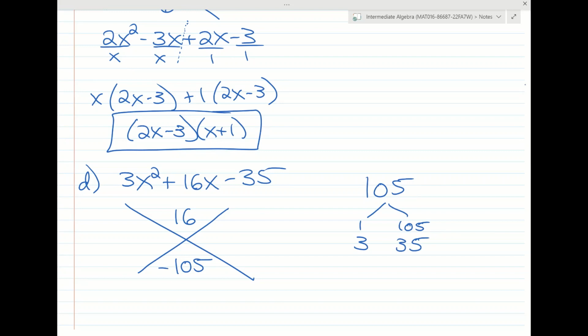But we can't add those and get 16. So let's keep going. 4 is not going to work. 105 divided by 5 is 21. But we have to somehow come up with 16. So if we use positive 21 and negative 5, we get exactly what we want.